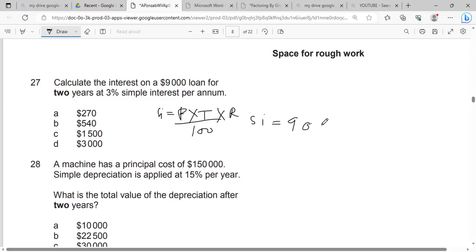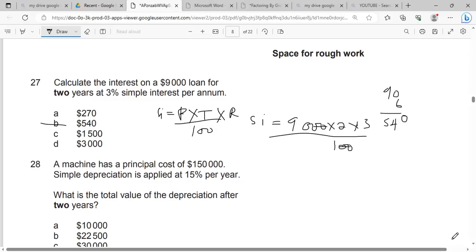So we have 9,000, the rate 3, the time is 2 years, times that upon 100. So this gone, this gone. 2 3s are 6, 6 9s are 54, so 90 times 6 is 540. And here we go, that would be B.